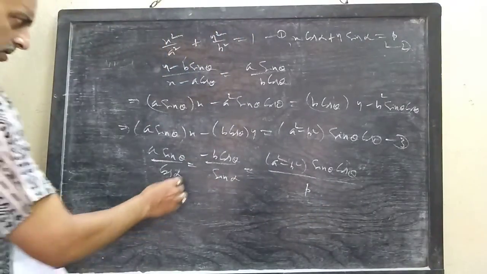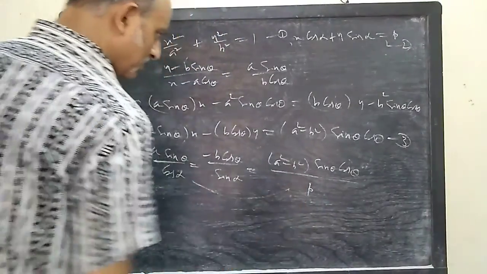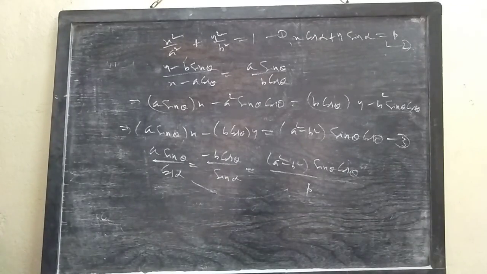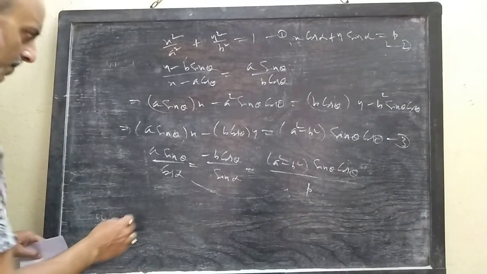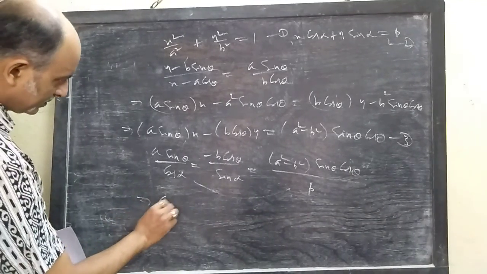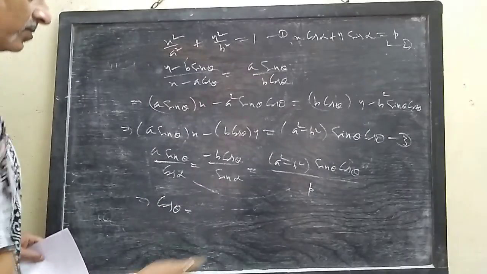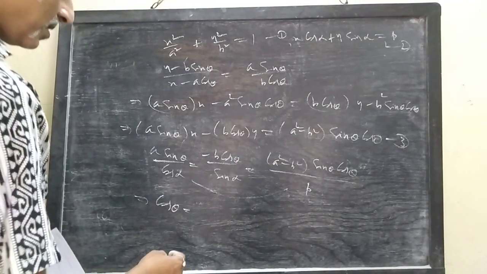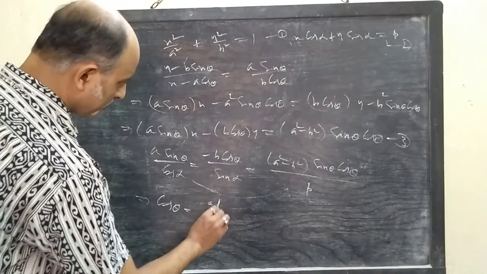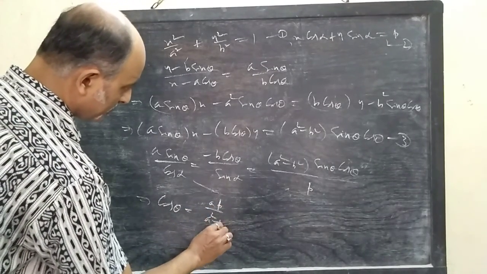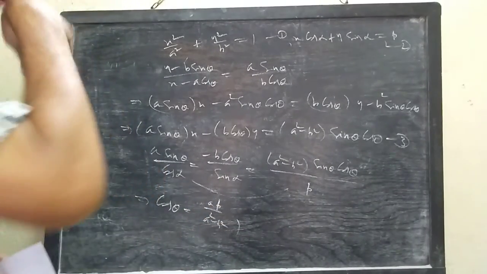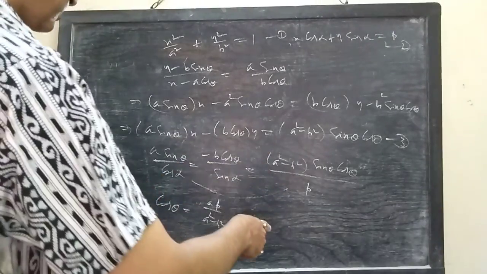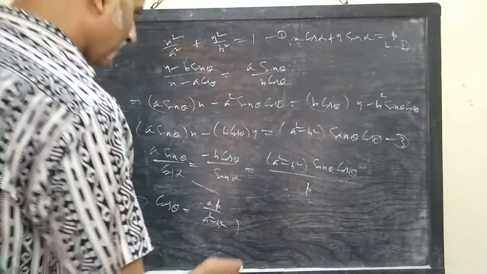Now, from the first and third ratio equality we get cos theta equals to AP by a square minus b square. Because sin theta is being cancelled, cos theta becomes AP by a square minus b square.